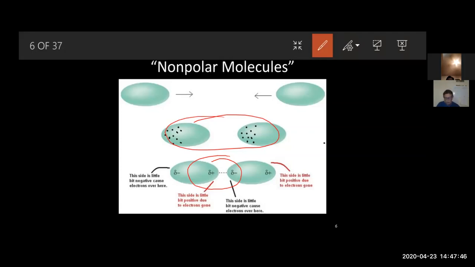And we form this interaction in the middle. However, those interactions are weak, not as strong as some of the other forces we're going to talk about. These are nonpolar molecules that have temporarily been induced to become polar, but only temporarily.